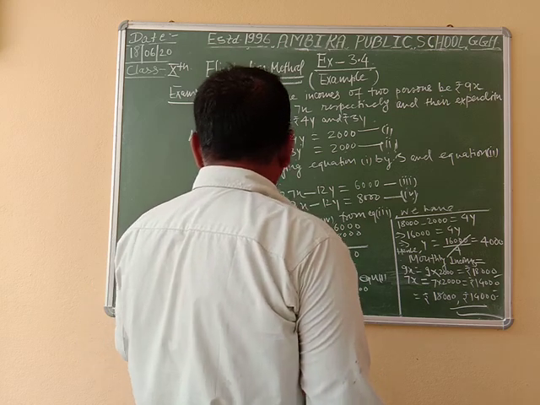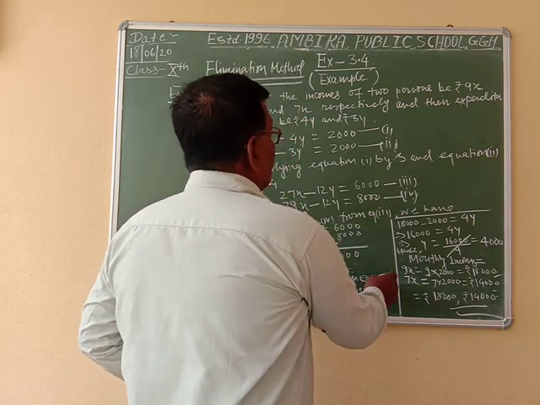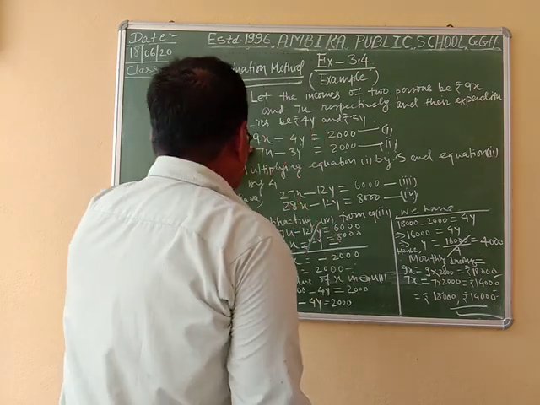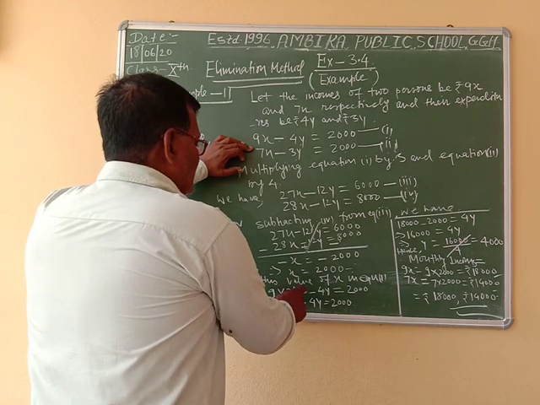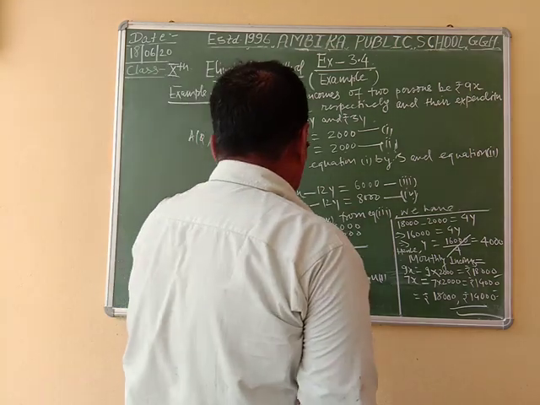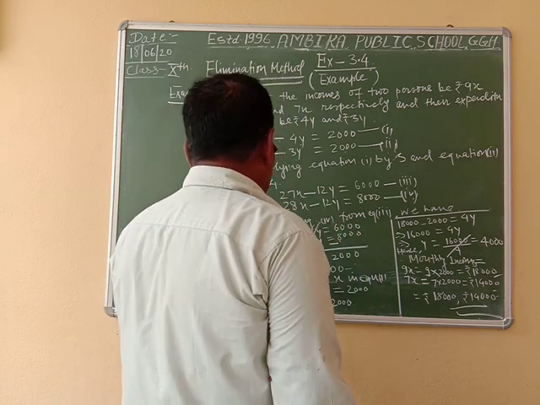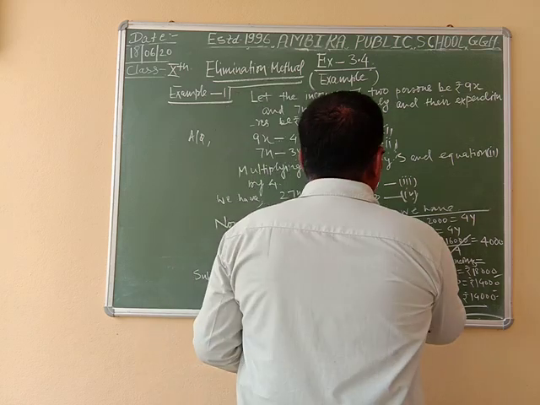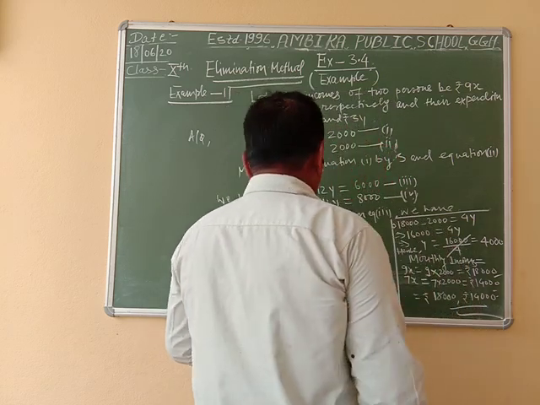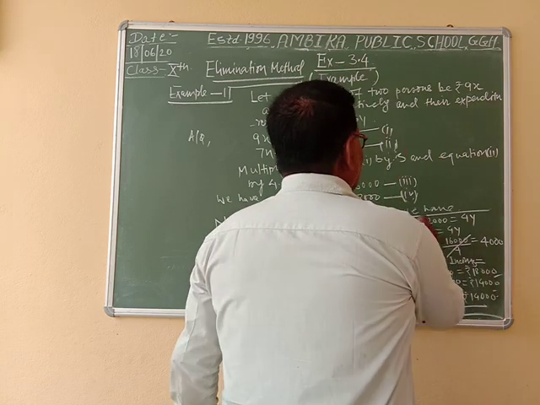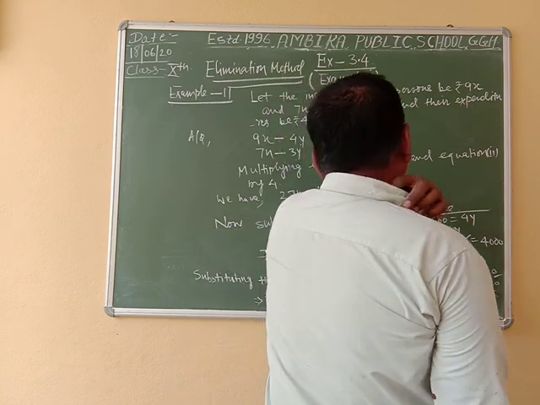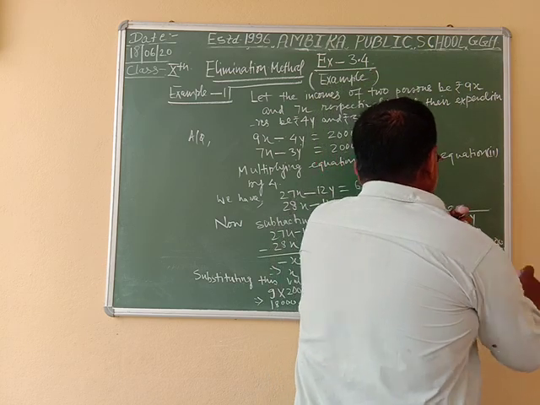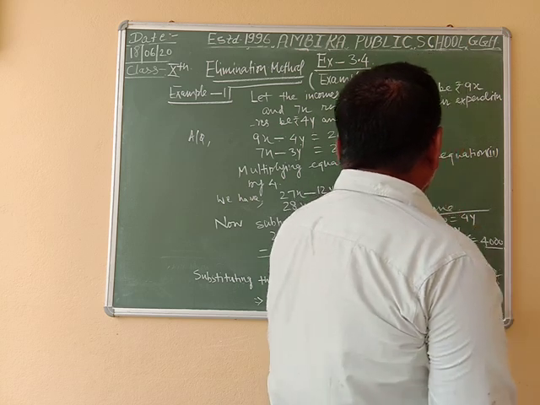Now substituting this value of x in equation number 1, x के इस मान को समीकरण 1 में रखने पर 9 into 2000 minus 4y is equal to 2000, or 18000 minus 4y is equal to 2000, or 18000 minus 2000 is equal to 4y, or 16000 is equal to 4y, or y is equal to 16000 by 4, which gives 4000.